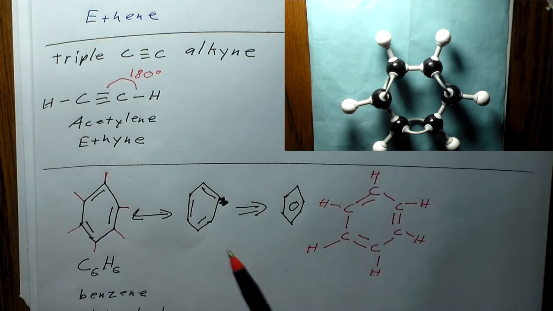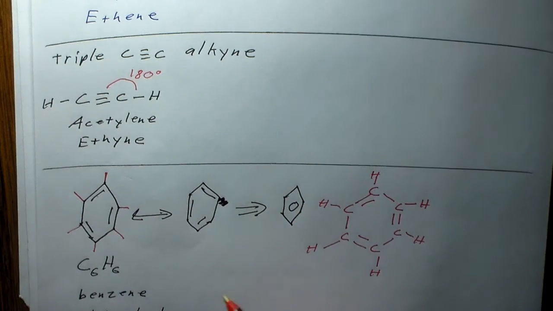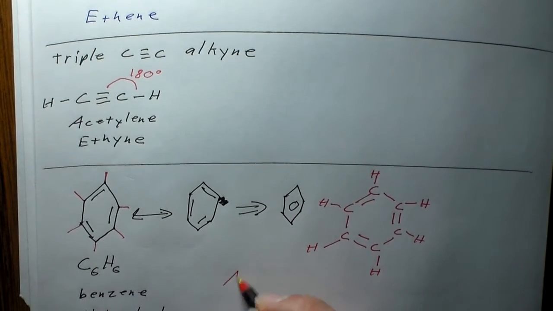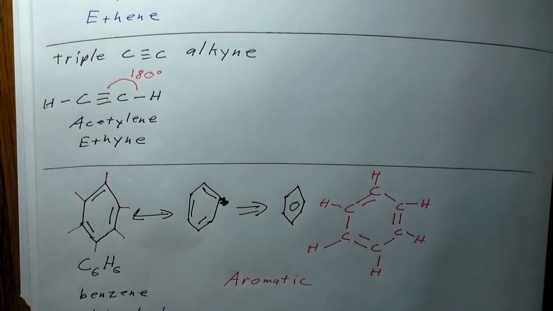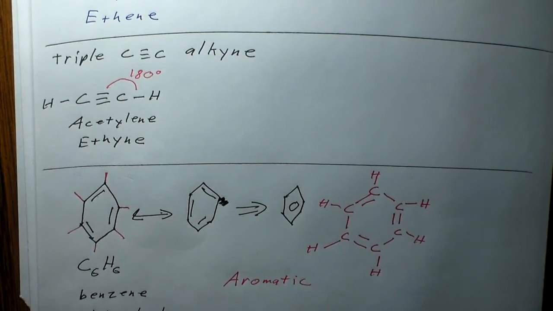And because of this resonance structure that is actually going on, these are a different class of molecules, and these are termed aromatic. Now, aromatic, you may think that means that the molecules smell. Initially, that is why historically these were named aromatic molecules. But now there are many molecules that contain benzene rings that do not have an actual odor. But for historical reasons, we still do term these aromatic molecules.